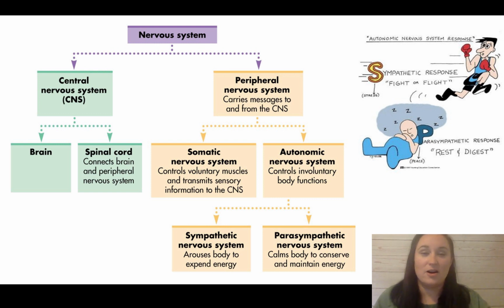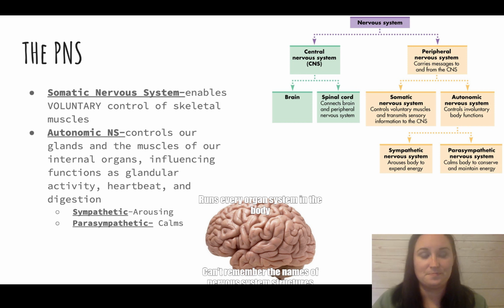Our heart is pumping. We're starting to sweat. Our digestive tract is slowing down to reserve energy for all the rest of the body. And we are in that fight or flight mode. And then once that kicks in, our parasympathetic is trying to kick in to calm us down and bring us back down. So those are the 2 parts of the autonomic.